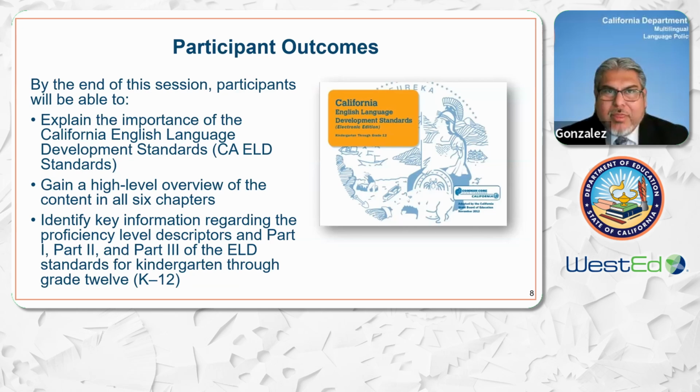We hope that participants will be able to explain the importance of the California ELD standards, gain a high-level overview of the content and each of the 6 chapters of the publication, and identify key information regarding the proficiency level descriptors and part 1, part 2, and part 3 of the ELD standards for grades kindergarten through grade 12. We'll refer to that as K through 12.